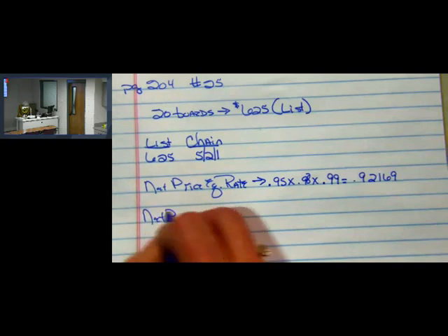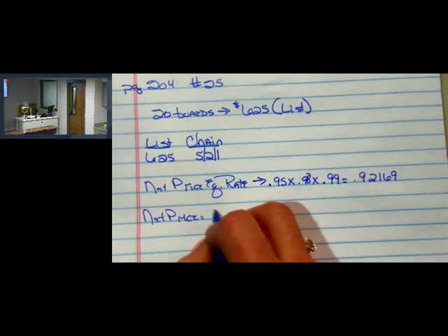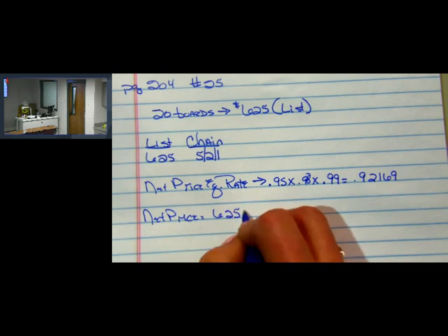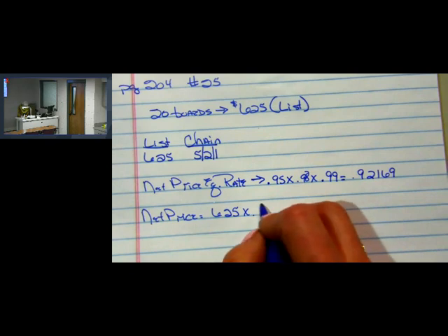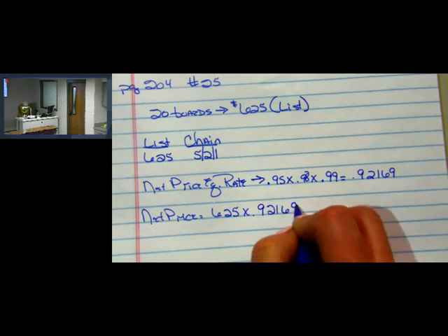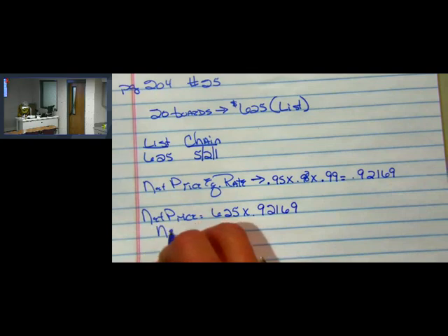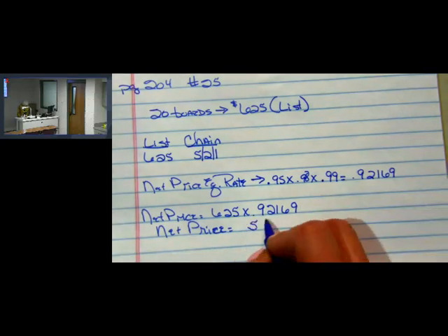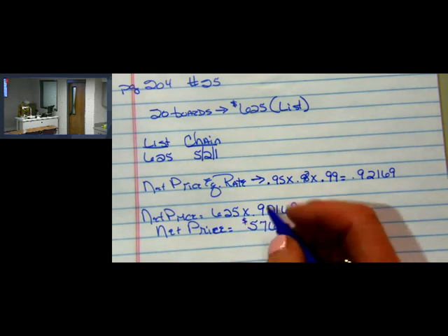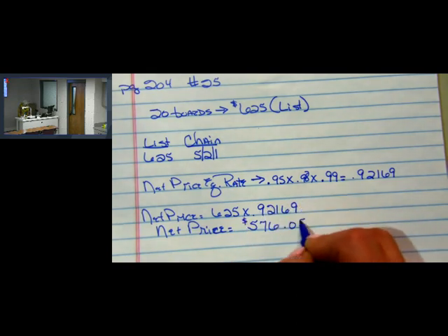So what is my net price again? My net price is going to be my 625 times my net price equivalent rate, 0.92169. If you multiply those together, my net price is going to be 576.06.